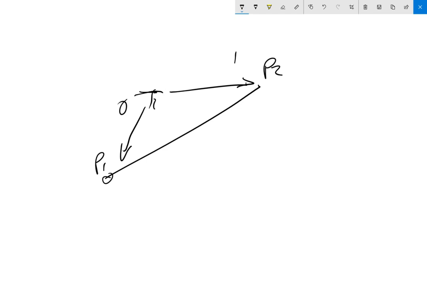And I'm saying to my little black box, my little computer, death trap: if I give you the value 0, give me the value P1. And if I give you the value of 1, give me P2. And if I give you the value of 0.5, give me halfway between P1 and P2.